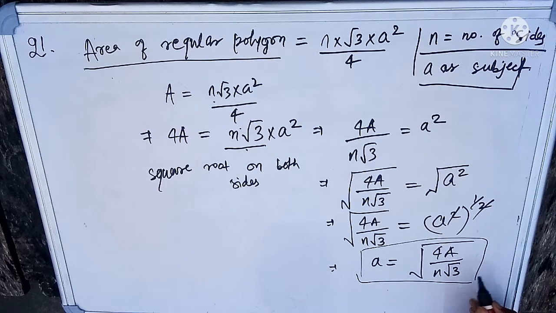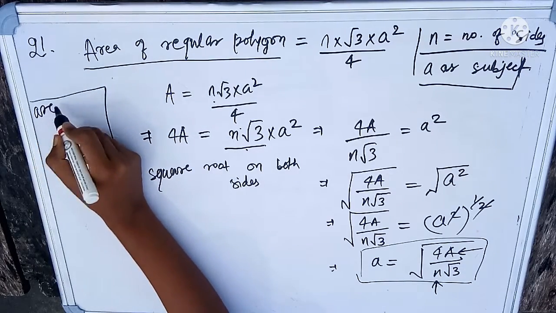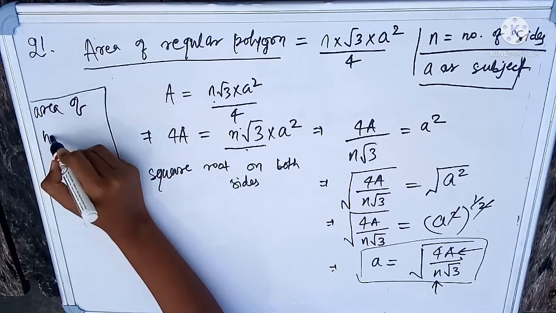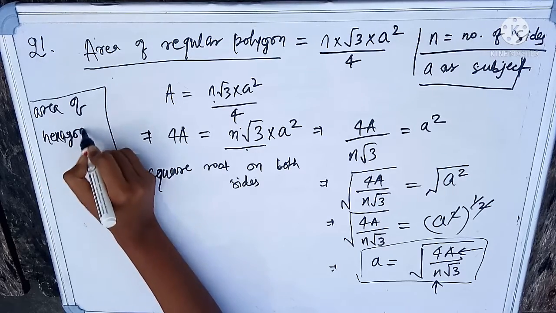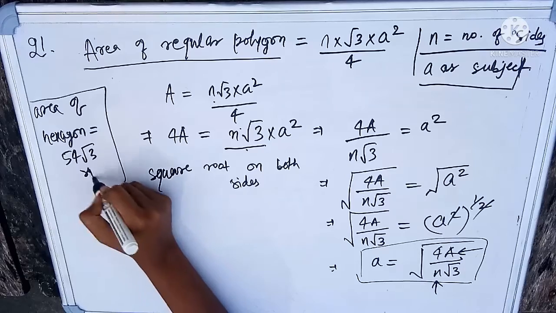Next we have to find out the exact value of a by putting in the value of the area and the number of sides. So how can we find this area value and the number of sides? For that, in the question there is given the area of a hexagon, which is equal to 54 root 3 square units.